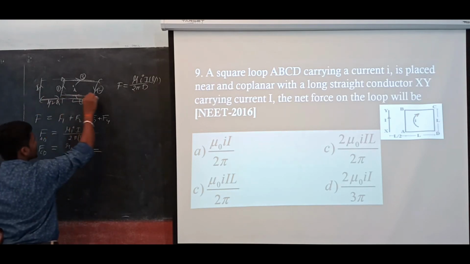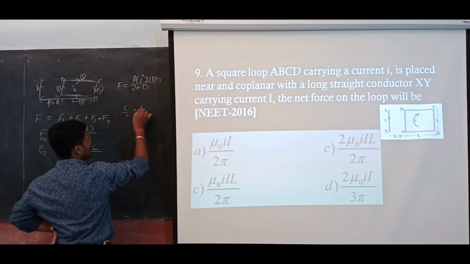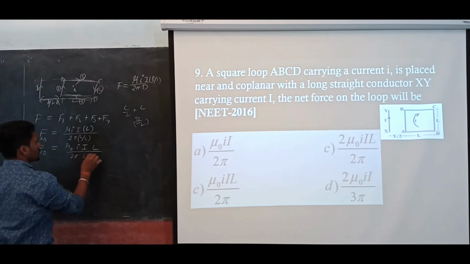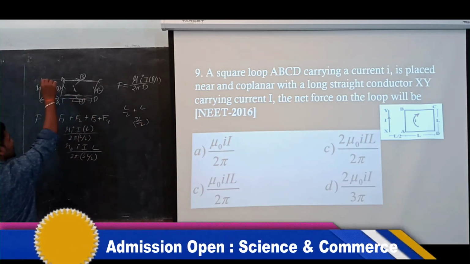What is this distance? L by 2 plus L, that is 3L by 2.